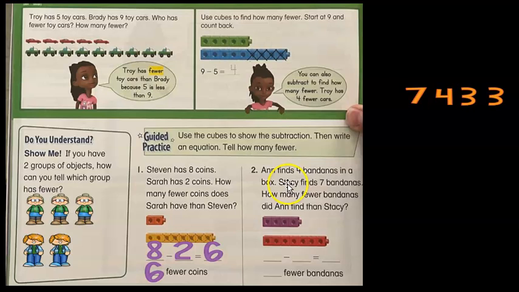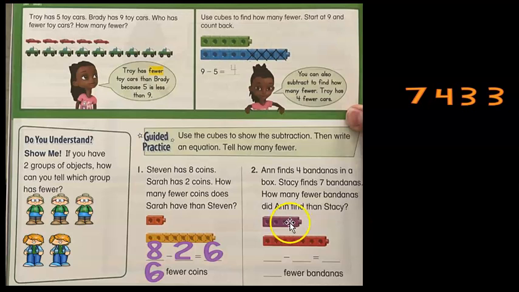Now let's keep reading. Stacy finds 7 bananas. How many bananas did Stacy find? 7. And look, these red cubes, there's 7 of them that represent the bananas. Let's count. 1, 2, 3, 4, 5, 6, 7. And just by looking at this, first graders, who has more bananas?